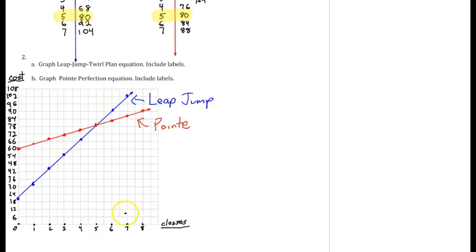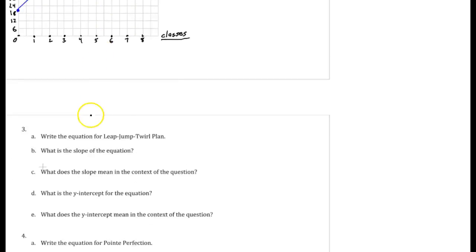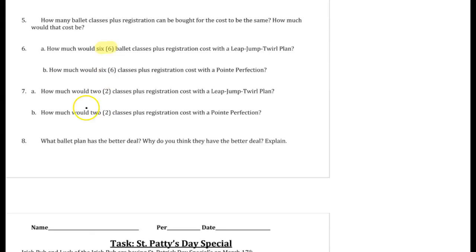But when you go over 5 classes, right here, all of a sudden it switches which one's a better deal. So on number 8, the very last question, what ballet is the better deal?